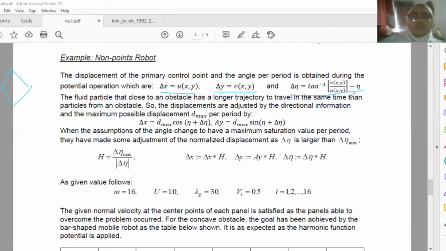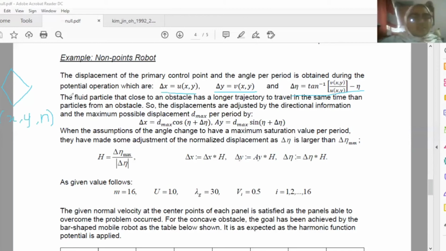Here, a bar-shaped mobile robot also has 3 degrees of freedom, which are x, y, and eta. So we can see from the equation the 3 variables x, y, and eta.